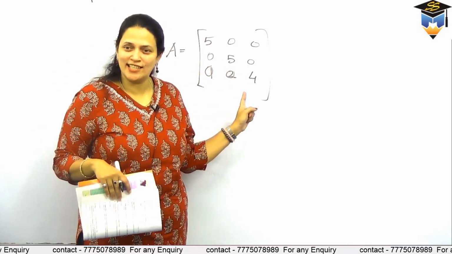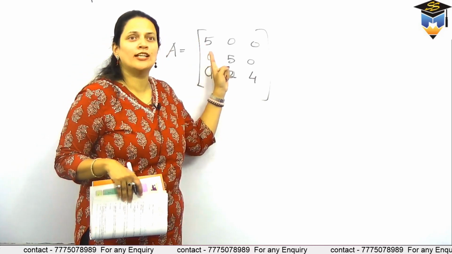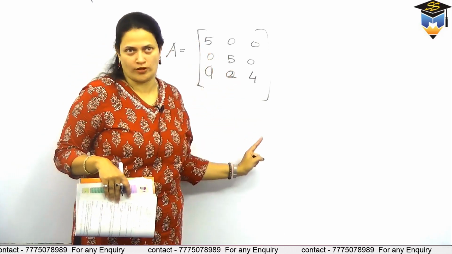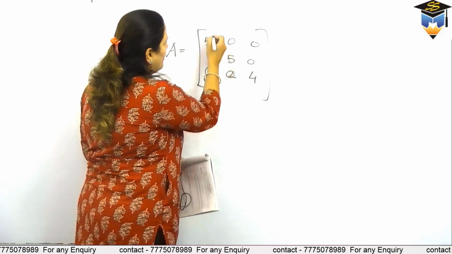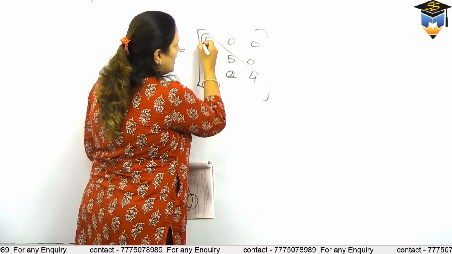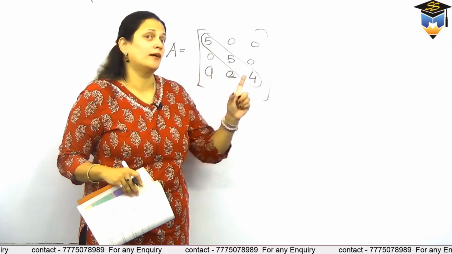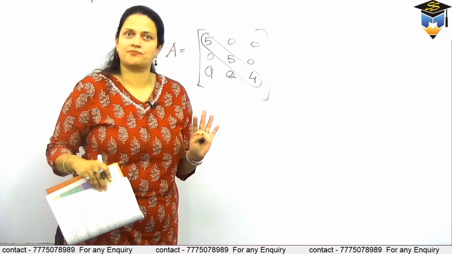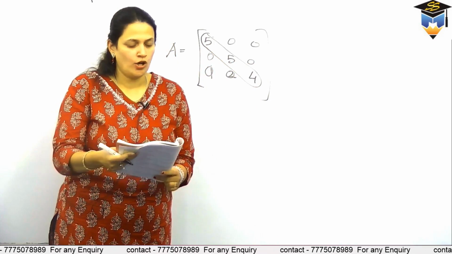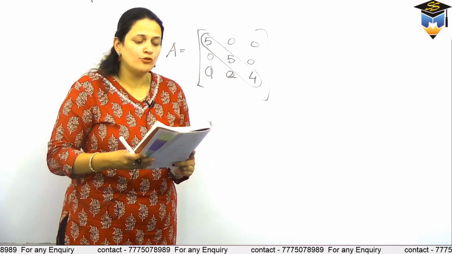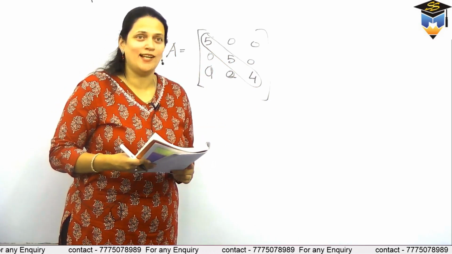Can everybody see the diagonal? Yes, so the diagonal here is 5, 5, 4. The diagonal elements are 5, 5, 4. So you can observe that in a diagonal matrix, the diagonal elements are numbers other than 0. Understood everyone? Now let us move to the next matrix, called a scalar matrix.